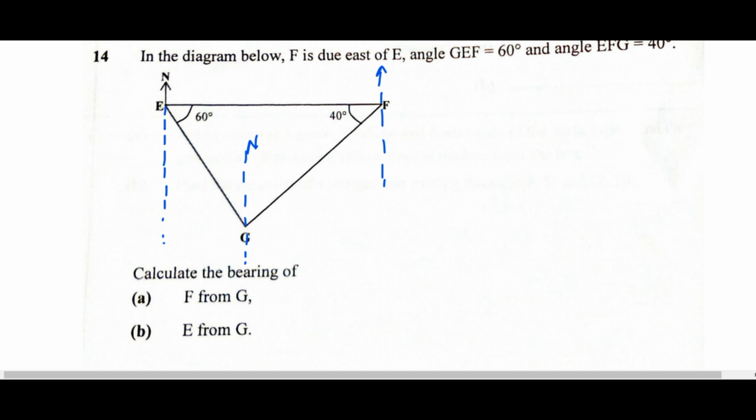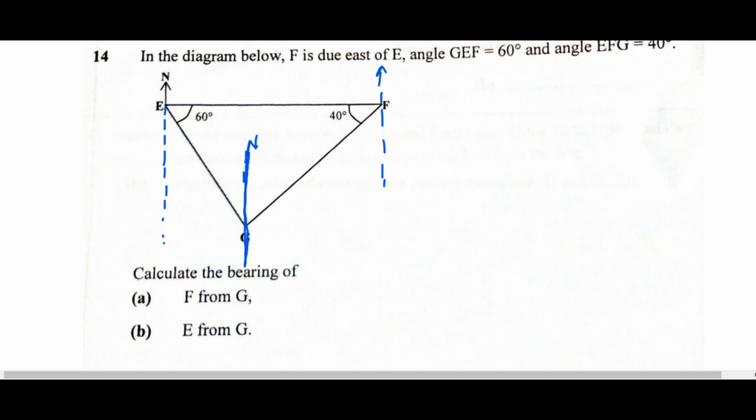Then G, so the bearing of F from G, so it is coming from G. So this line is our G. So where the bearing is coming from is considered to be the straight line. Then where the bearing is moving or going to is considered to be a slanting line.